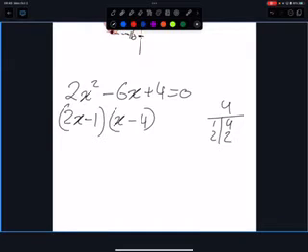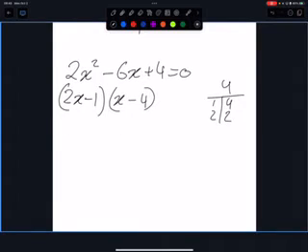Means we can only complete the square. We cannot factorize this one normally because it has no solutions.